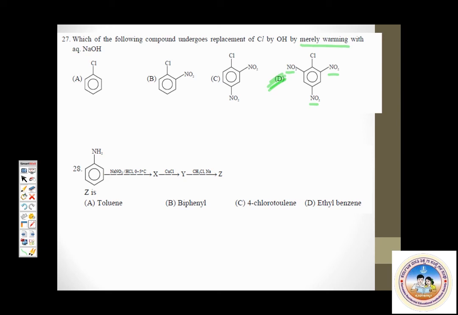First, let's take up the first step in the sequence, which is the formation of X. See this, aniline. Aniline is the raw material taken here. NH2, aniline. It is made to react with NaNO2, sodium nitrite, in presence of HCl at 0 to 5 degrees Celsius.